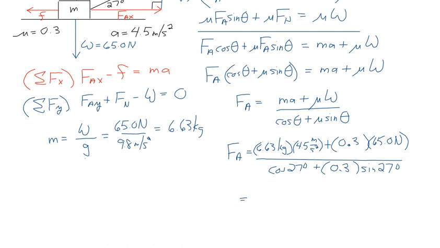Now I'm going to divide by open parentheses. Make sure your calculator is on degrees and not radians. So I'm going to put in cosine of 27. When you put the 27 in the graphing calculator, it opens up parentheses, so I need to close them. So close the 27, and then plus 0.3 times sine 27.